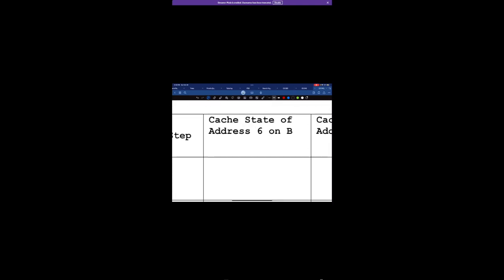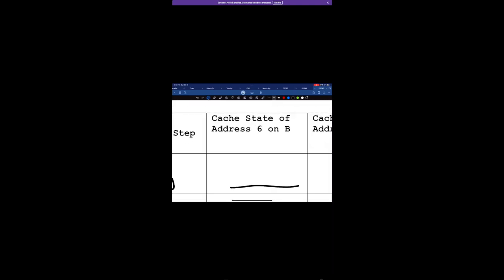So if you want, you can rewrite that here. We're loading address 6 into R2. Okay. Since we're only working with address 6, we're going to be filling in something here. Okay. At this point here, we see that 6 and 5 are not in the cache. So we have to go get it.